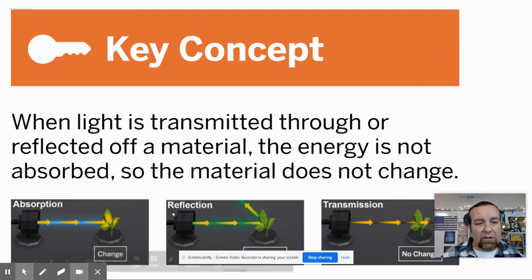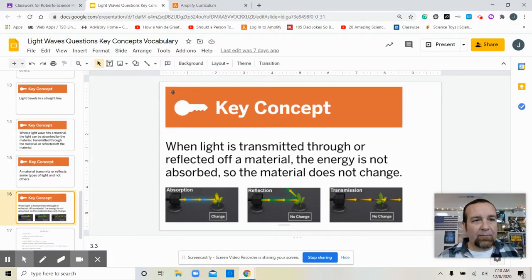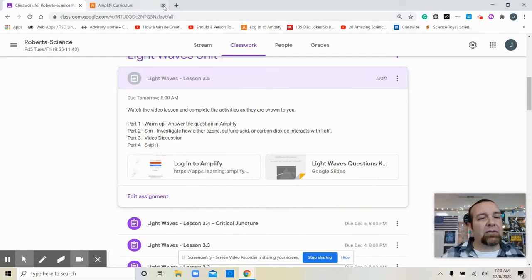It can also be reflected, and in that case, the light just bounces off and we don't see a change when there's reflection occurring. And then same thing with transmission, which is where the light just goes right through that material like it's not even there. That's all I wanted to share with you on our key concepts for now.